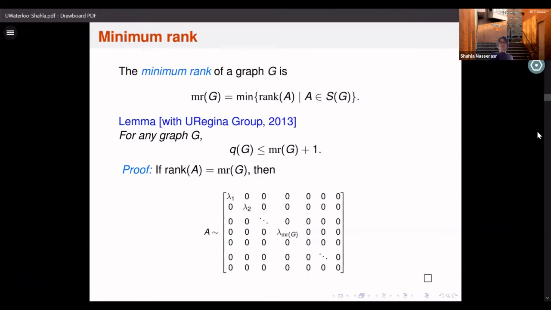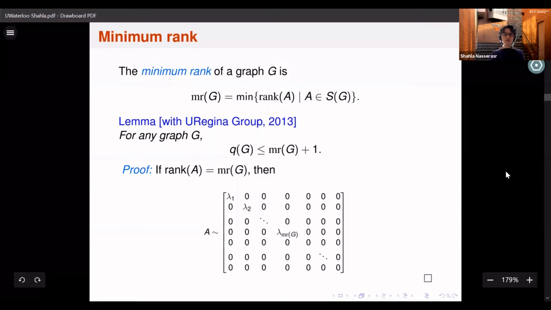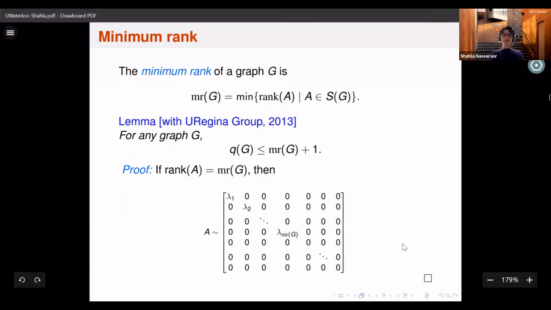First of all, I'll show you the relationship between q of G and minimum rank. So minimum rank plus 1 is an upper bound for q of G, and that's not hard to see because if I take a matrix that does achieve the minimum rank, because these matrices are symmetric, I can diagonalize it, and we can write it in this form, which basically has minimum rank number of non-zero eigenvalues, and the remaining eigenvalues are 0.